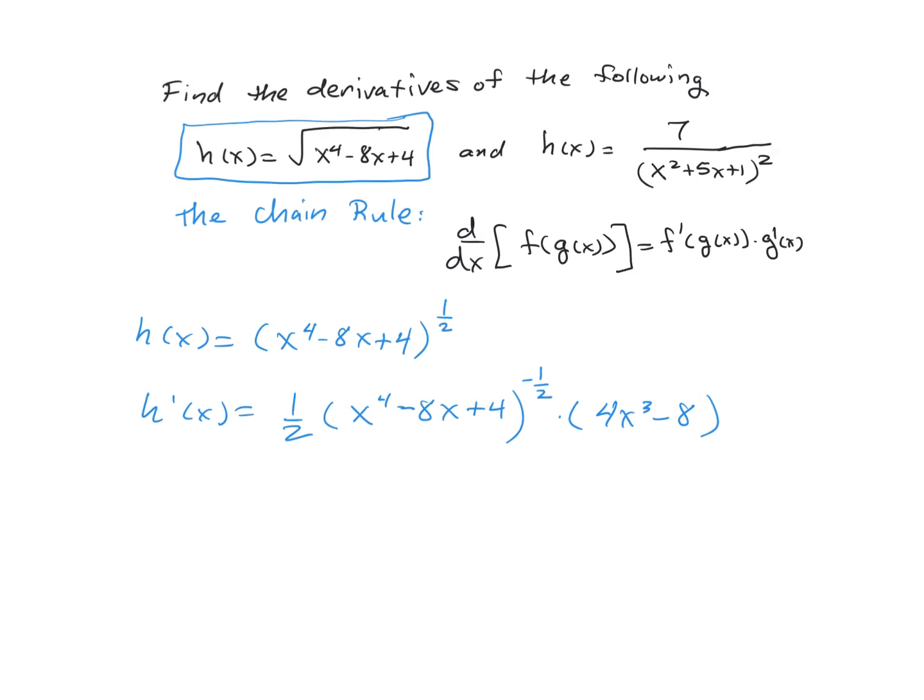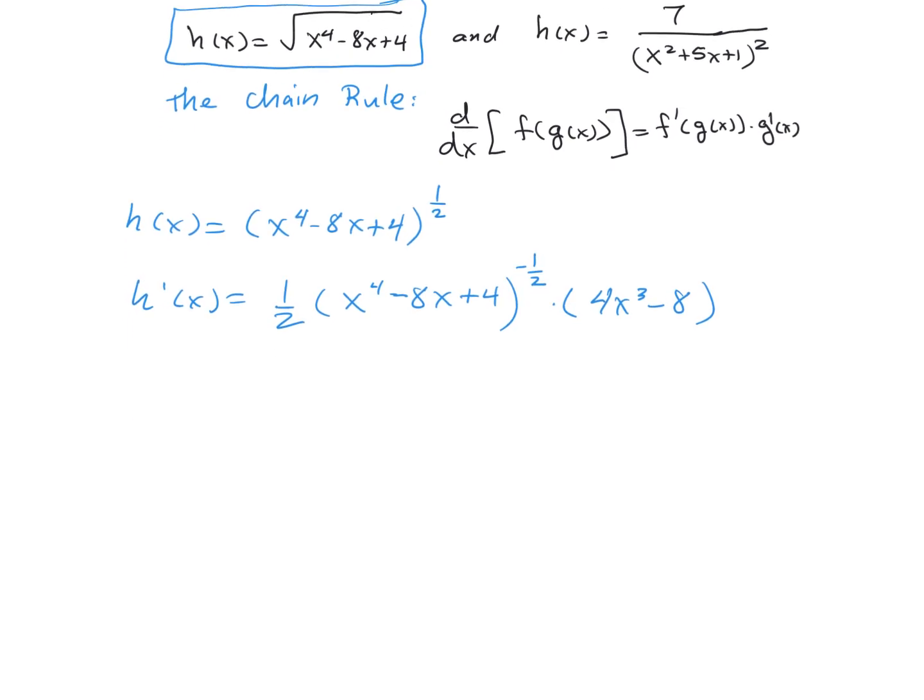All right, and now we can rewrite this using our rational exponents as radicals. h prime of x has a 4x cubed minus 8 in our numerator. Down below, we've got a 2 times, and we should write this as a square root rather than with a 1/2 power again.